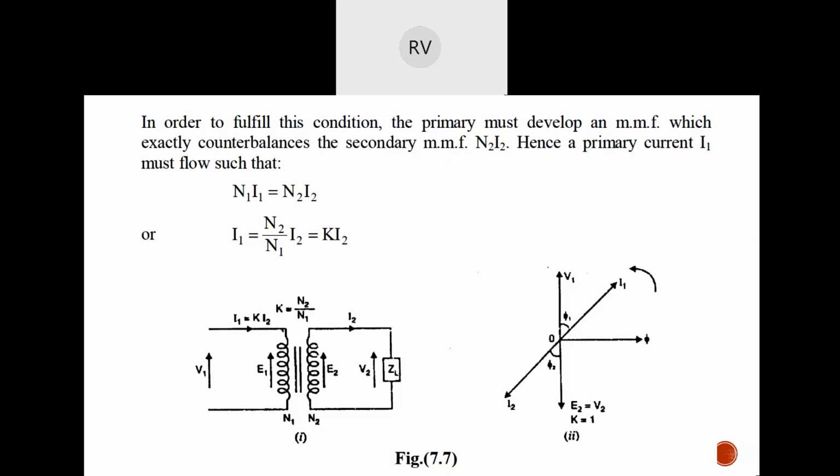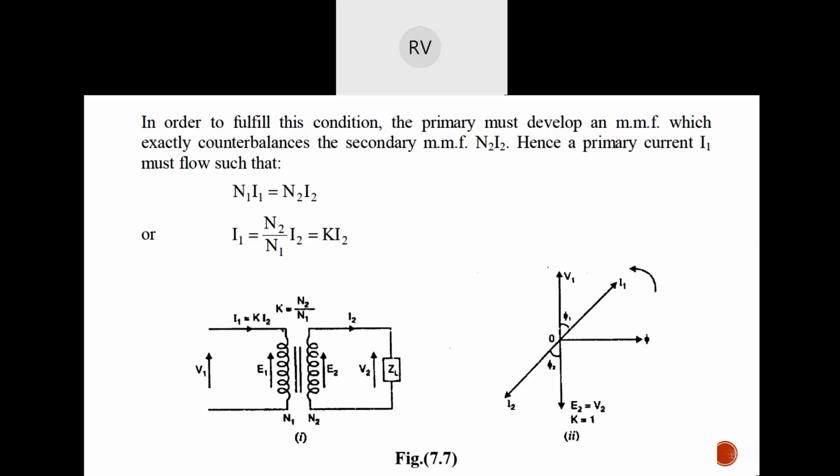That flux would be changed, opposed by this N2 I2, but that value should not change. For the transformer to work properly, the core flux should not be changed.